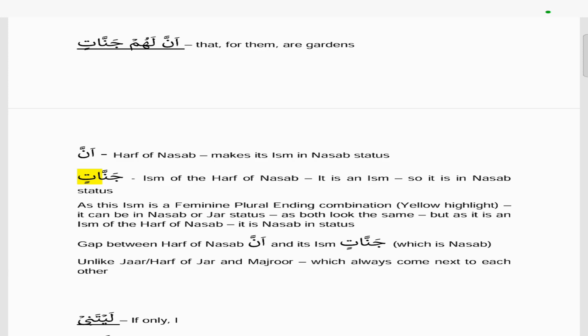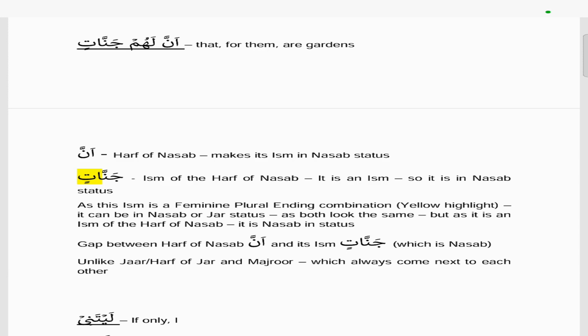Also, you'll notice that there's a gap between the harf of nasab anna and its ism jannatin. If you look at the example, it's anna lahum jannatin. So the lahum is in between. It actually breaks up the harf of nasab and its ism.